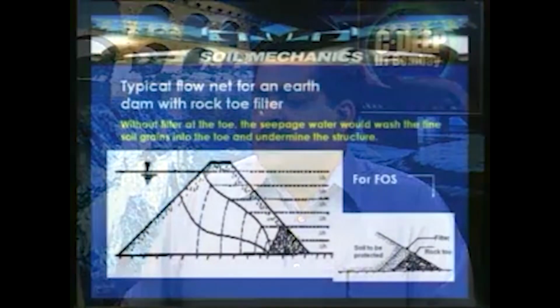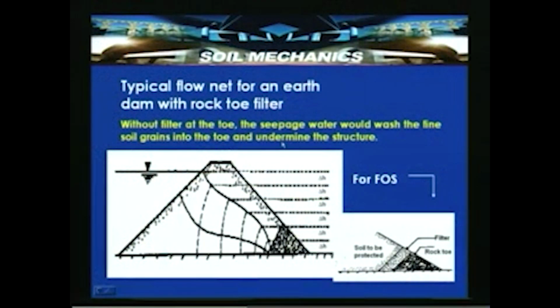If you look at this typical flow net for an earthen dam with a rock toe, without a filter at the toe, the seepage water would wash the fine soil grains into the toe and undermine the structure.